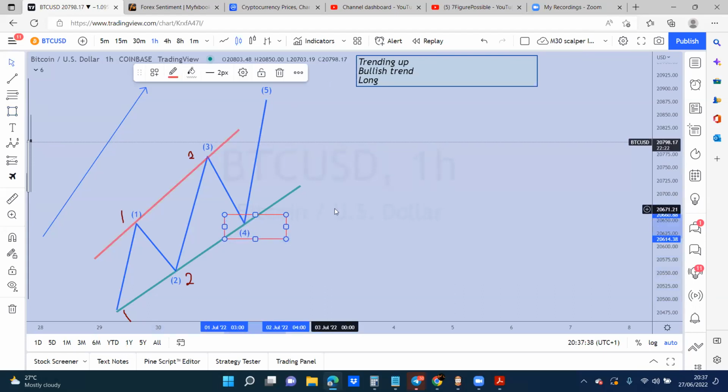Now remember, the world over, there are millions of people trading, and they don't know that you drew a line on your chart. So your line is not actually God, and it's not sacrosanct.